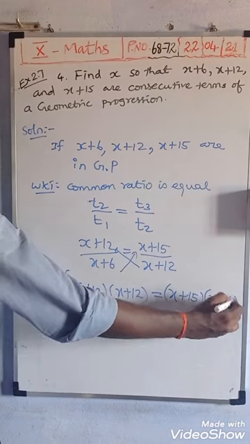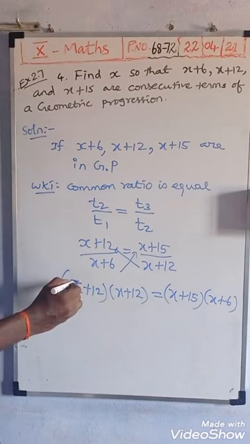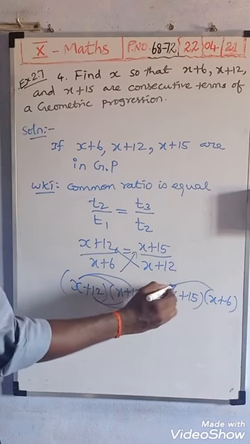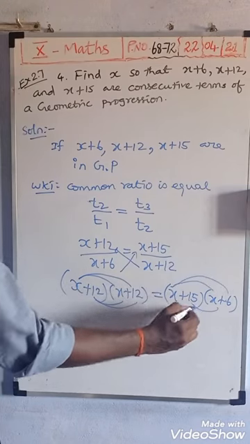Now how to multiply: this x you take and multiply with both the numbers, and 12 you take and multiply with both the numbers like that. Right hand side also you should multiply like this.